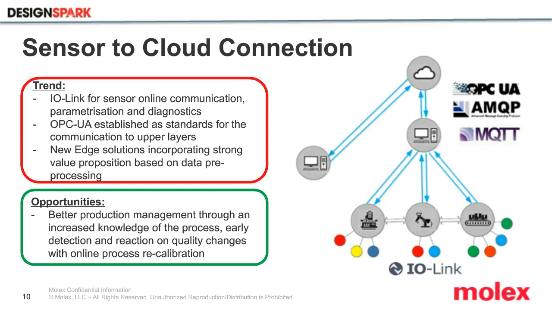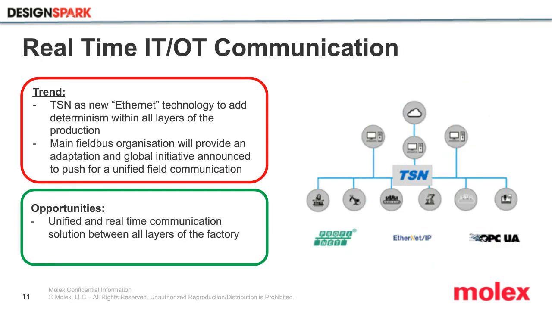I apologize. Some further trend is trend number 5, the real-time IT/OT communication. With this new merger of the IT and the OT communication infrastructure based on Ethernet, this new interaction should not break the communication reliability and determinism that has been key to increasing the production cycle times of machines over the last decade.